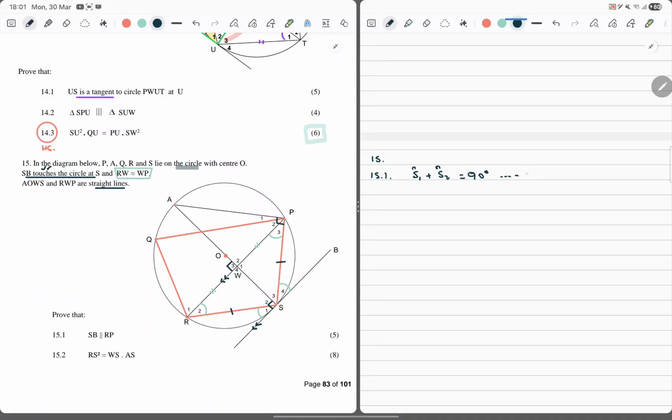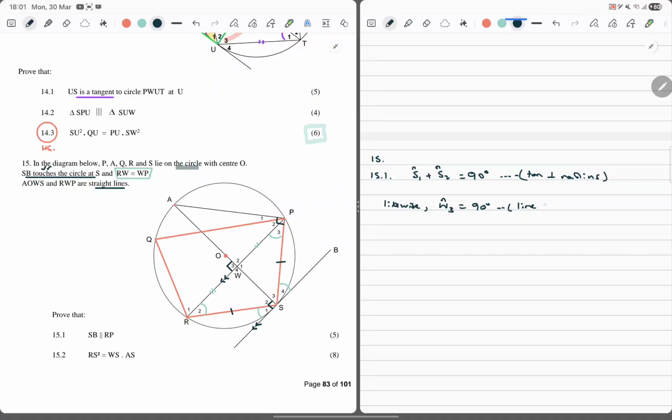Why is that? This is the tangent perpendicular to radius. Okay, that's what we know. Second, we can say likewise, although not the same, we also know that angle OW3 is going to be 90 degrees. Why?